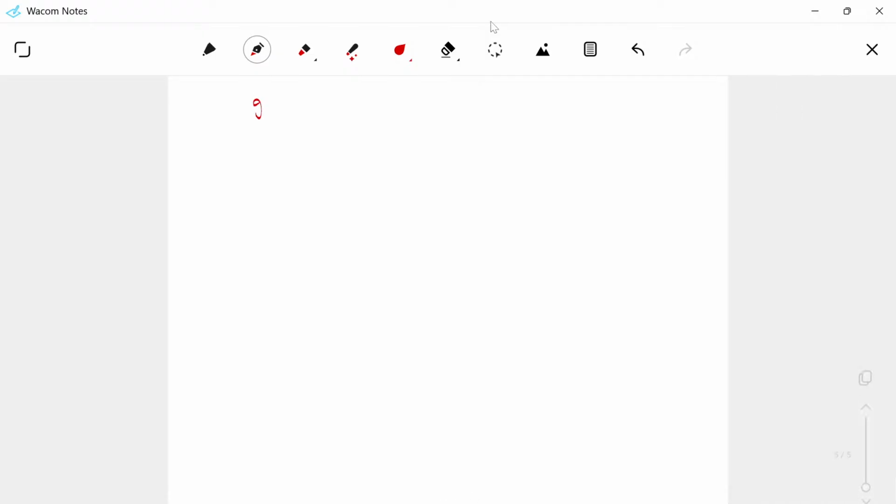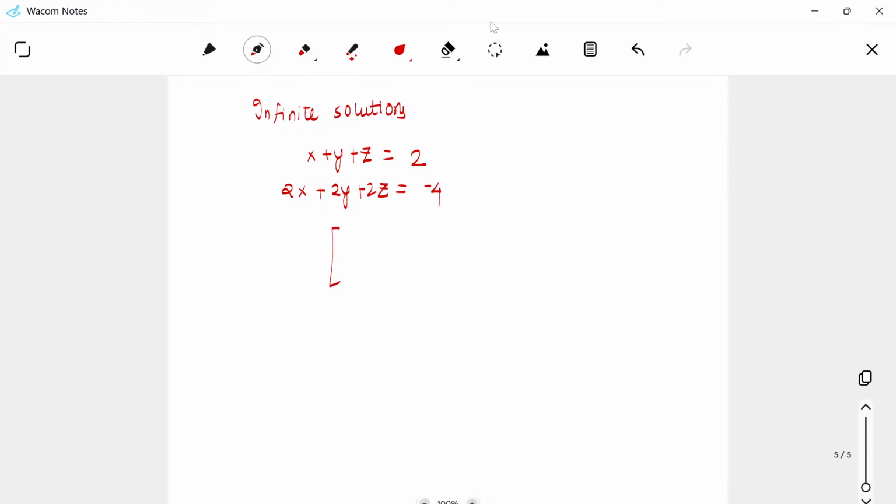Now if there are infinite solutions, the augmented matrix is [1 1 1 2; 2 2 2 4].